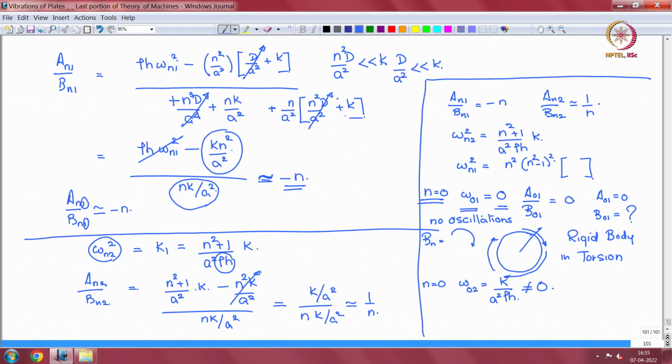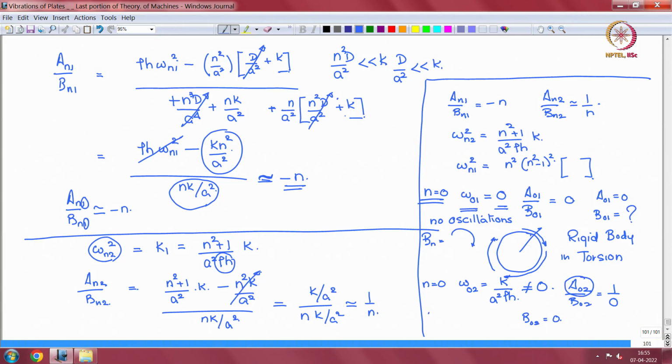I have a 0 2 by b 0 2 equal to 1 over 0, which means b 0 2 is equal to 0. a 0 2 can be anything.